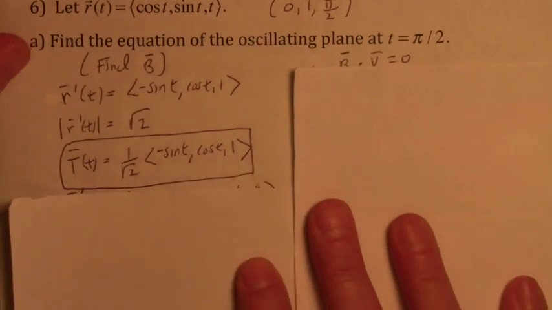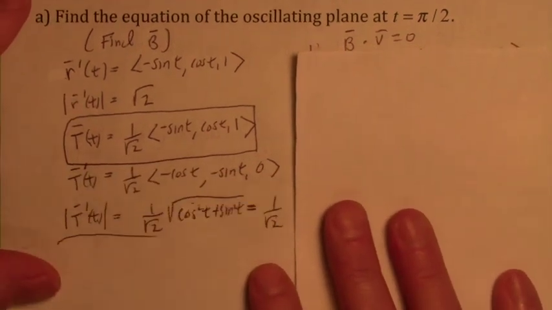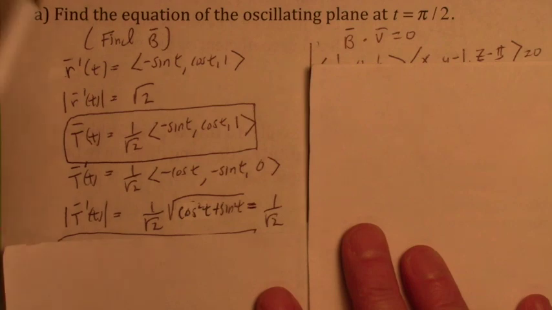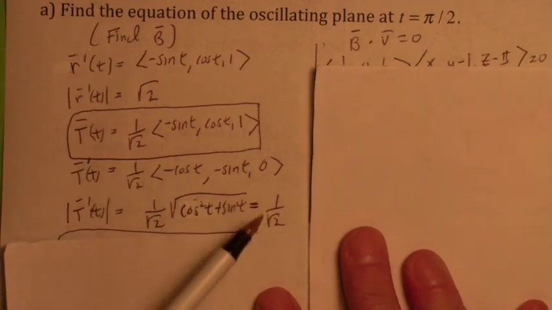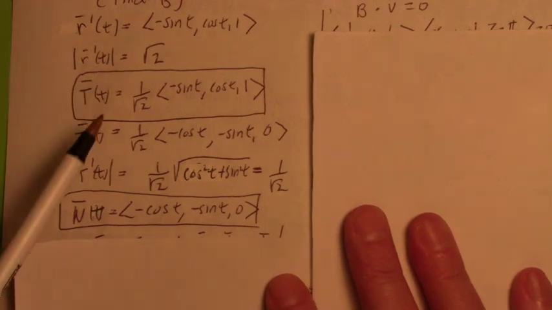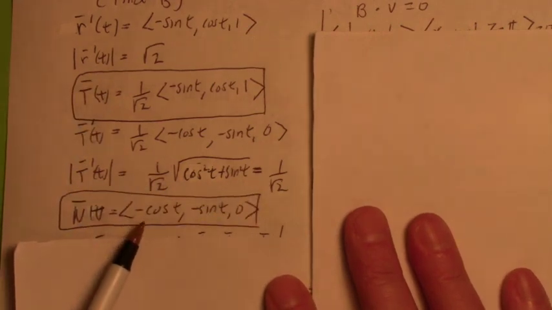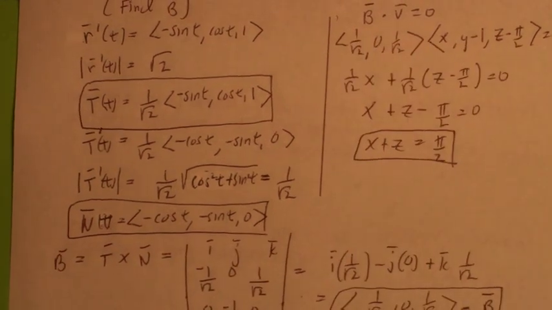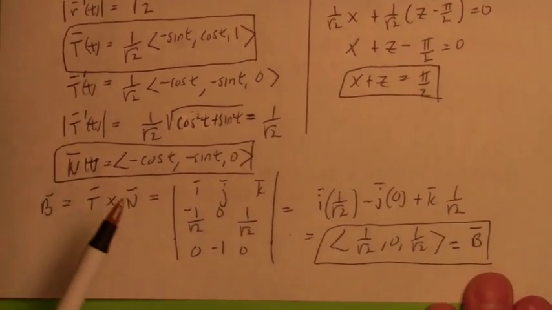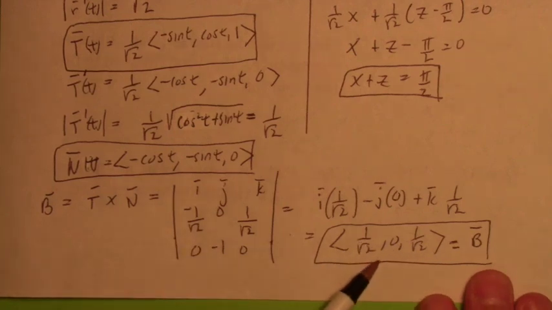Now you have to find the vector n. The way you find n is take the derivative of t, find t prime, find its magnitude, and then n is t prime divided by its magnitude. So this turns out to be the vector n. Now to find b, all you have to do is cross t and n. You get this vector. So the rest is pretty easy.